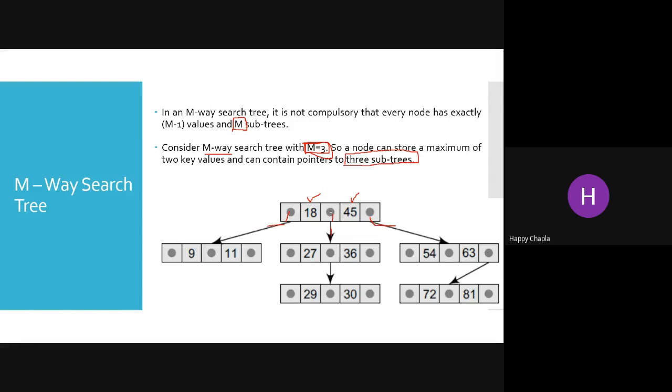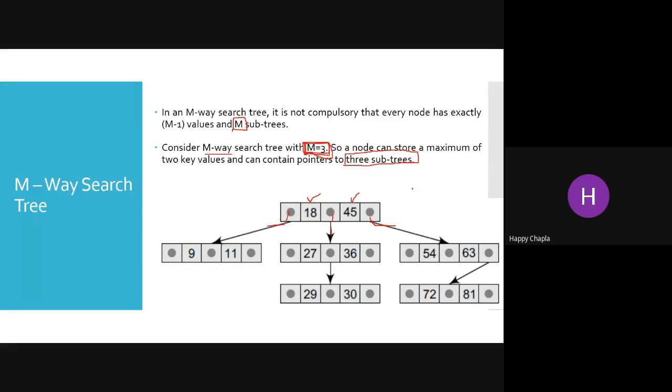This dot is known as a pointer which can point to the next node. Okay, whenever I am defining that m equals to 5, then you can store only 4 key values and 5 pointers to point to the 5 nodes at the next level.